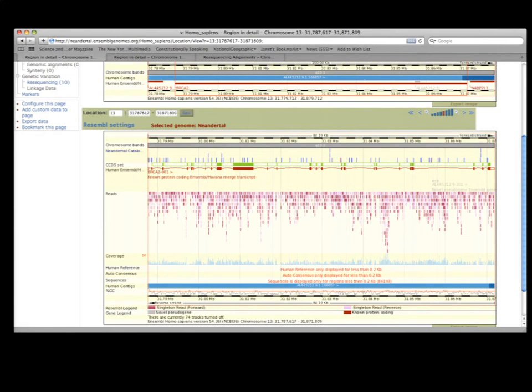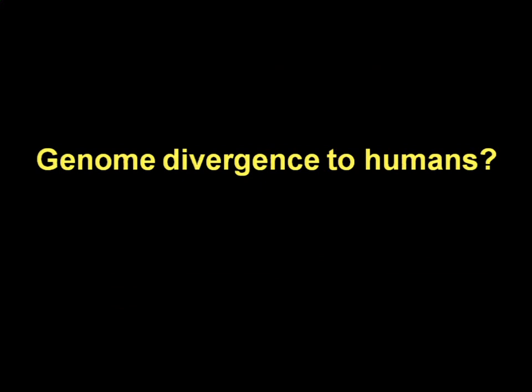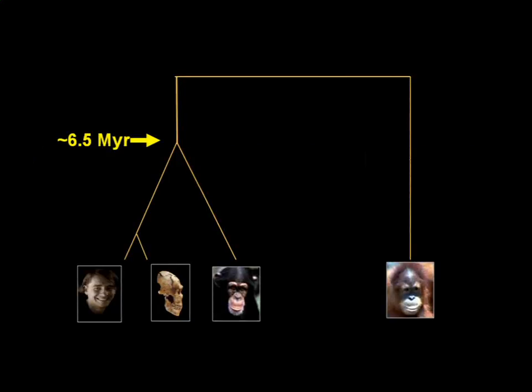So if you look in the brown now, in any particular position you're interested in Neanderthals, you have something over 55% chance to actually see that position by at least one read. So you can begin asking overall questions. One thing may be, how divergent are Neanderthal DNA sequences from present-day humans?